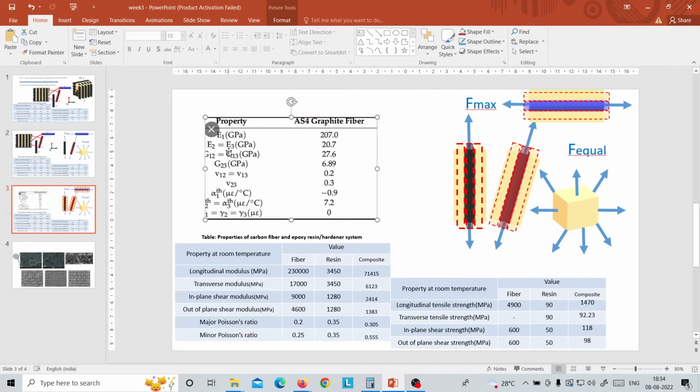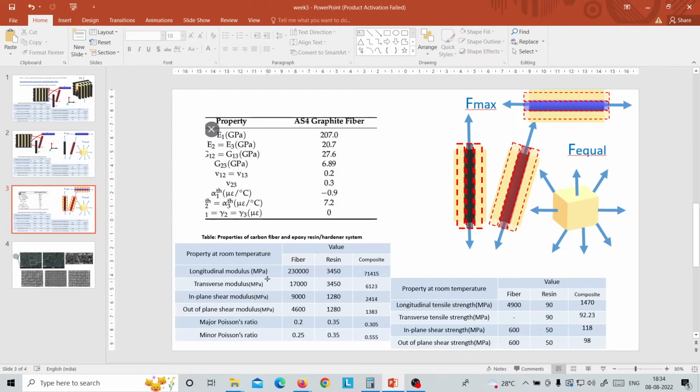You can see this E1, the longitudinal modulus. Its value for graphite fiber is 207 gigapascal, while for carbon fiber it is 230 gigapascal. So the longitudinal modulus for carbon fiber is comparatively higher than the given graphite fiber.